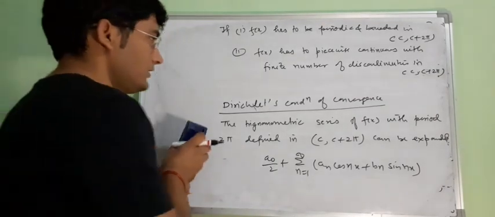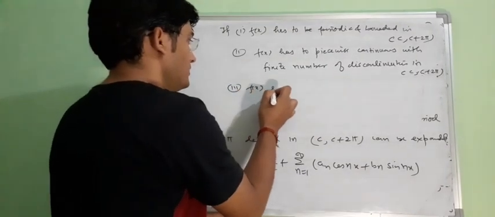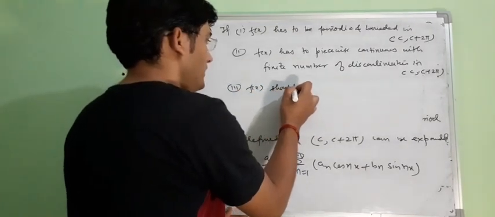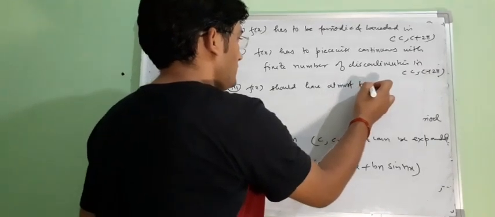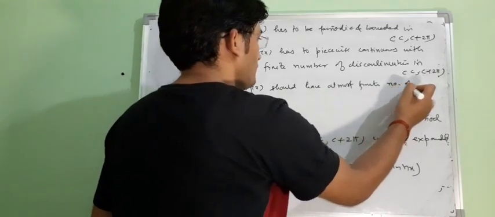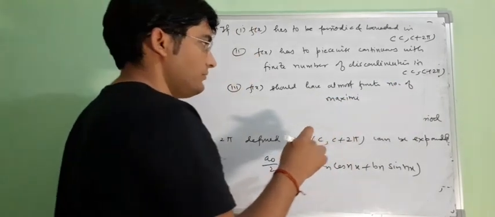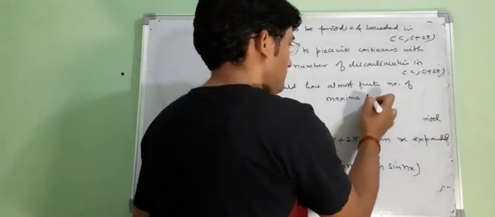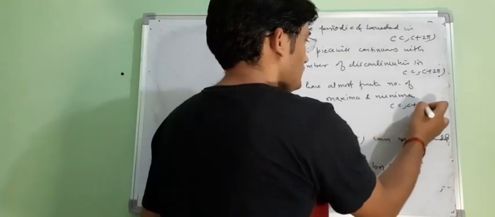Then the third condition, which is the last condition, is that f(x) should have at most a finite number of maxima and minima in the interval c, c plus 2 pi.